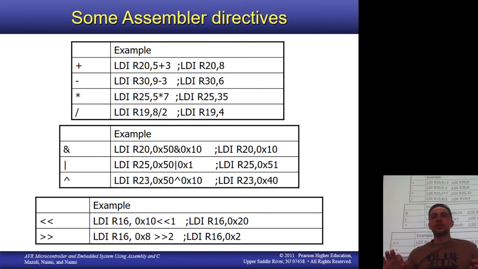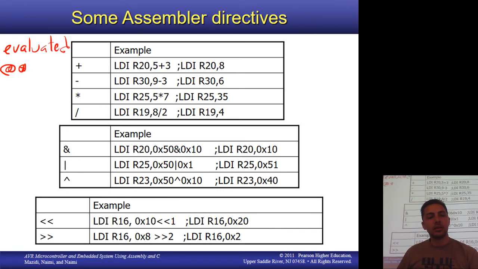Here's the weird thing, though. Assembler directives are evaluated at assembly time. This is worth writing down like 400 times. Evaluated at assembly time. Not runtime.